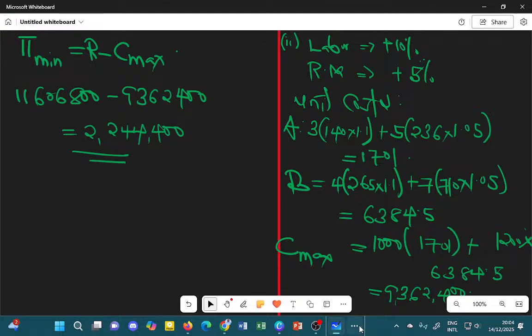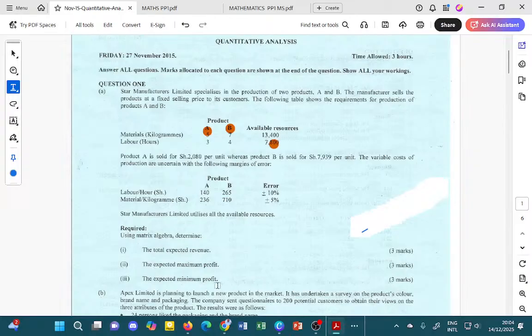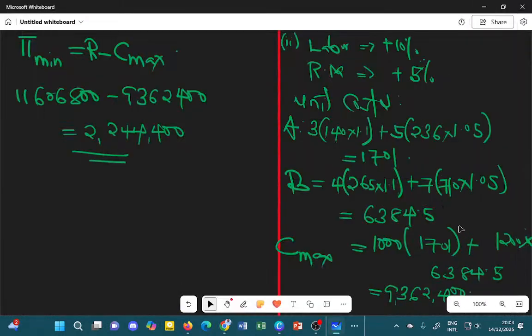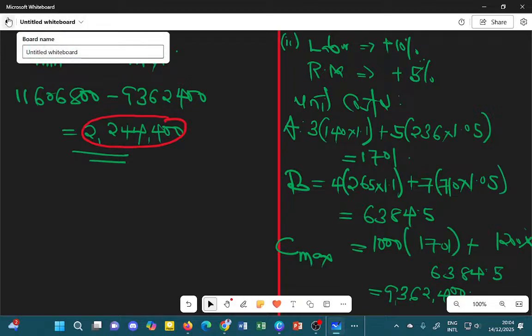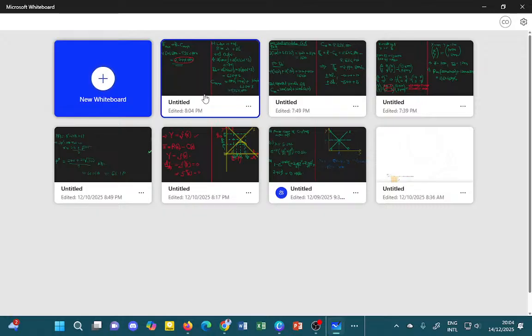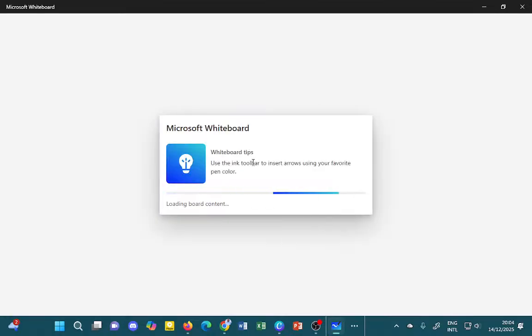And we go back to the question, and we see that we were expected to get the total expected revenue, the expected maximum profit, and the expected minimum profit. So we see that the answer to part 3 is this, and the answer to part 2 should be this, as we worked it out.